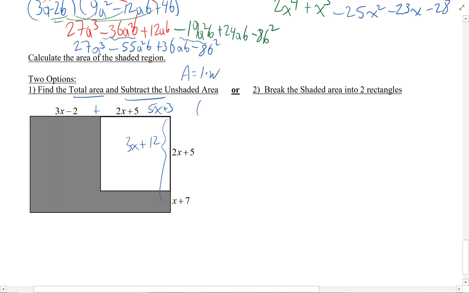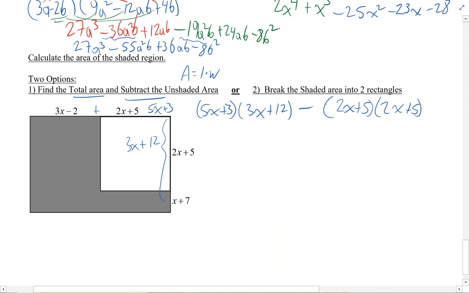So I would multiply 5x plus 3 times 3x plus 12. And then we're going to subtract the area of the unshaded region, which is 2x plus 5 times 2x plus 5. That is a perfect square.